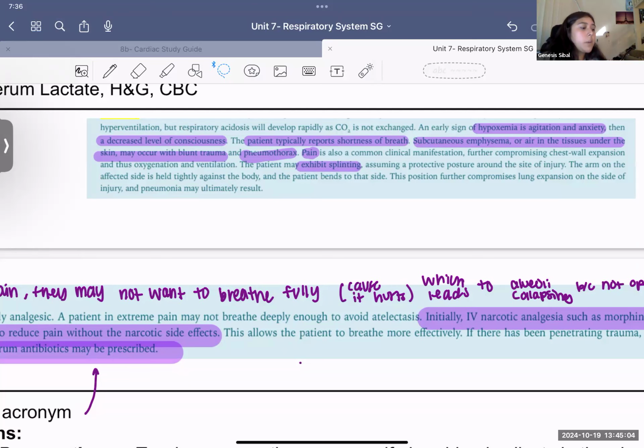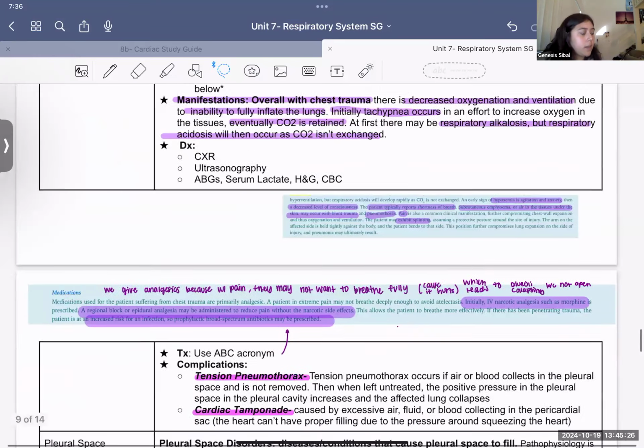So the patient may experience splinting. That basically is whenever they're having posture around the site of the injury, if their arm is going to the affected side of their body, if the patient is bending to try to help them out with their pain or help them out in terms of how they're breathing, we want to prevent that from happening, because again, pneumonia can happen with that because their lungs aren't fully expanding.